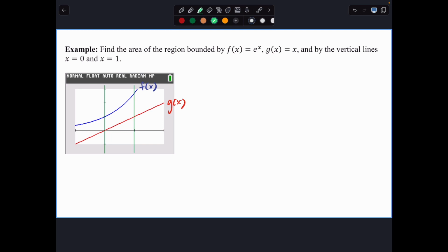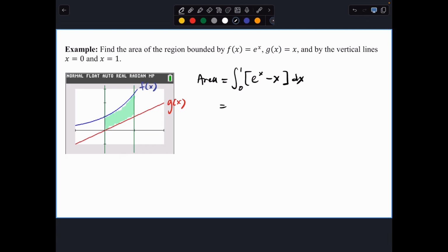So we are trying to find this area, which means over what interval will we be integrating? 0 to 1. And then what will our integrand look like? f of x minus g of x, right? Or e to the x minus x.